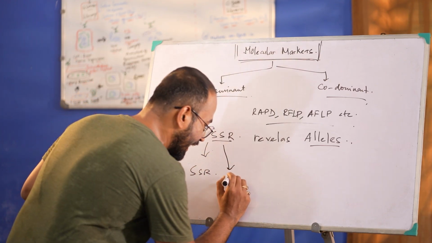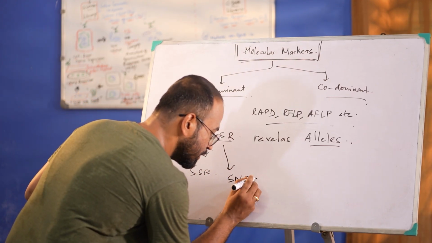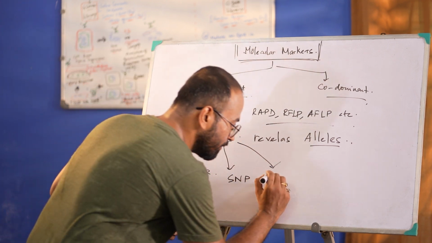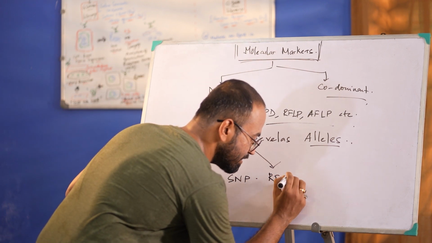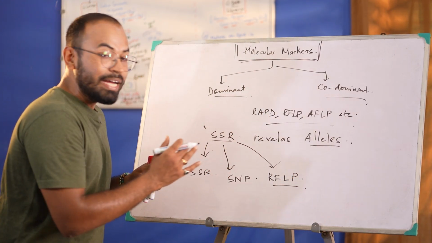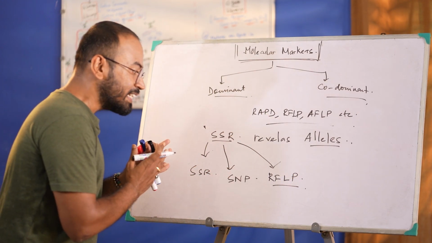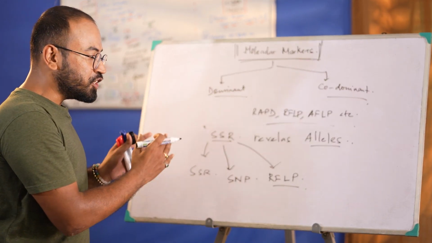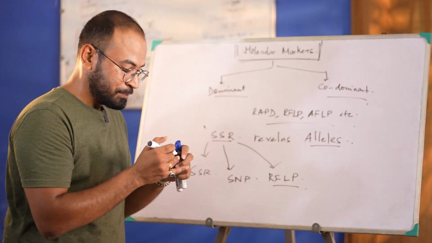The second S will stand for SNP, single nucleotide polymorphisms, and R will stand for RFLP, that means restriction fragment length polymorphism. So in this way you can identify which of these molecular markers belongs to the dominant type and which belongs to the codominant type.